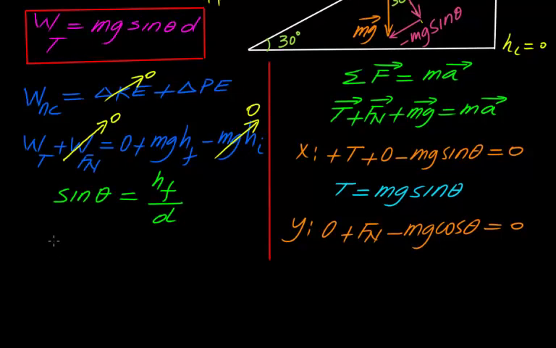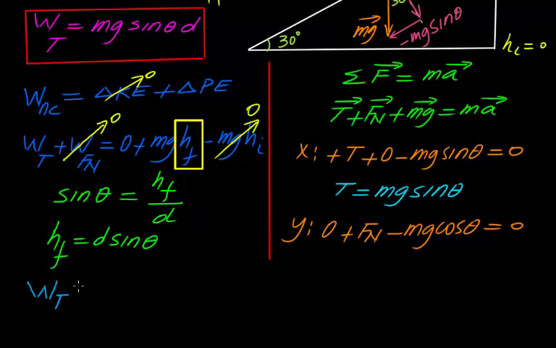Isolating the h final, you obtain d sine theta. Substituting the h final in our work done by the tension expression, we obtain mg, and instead of the h final, we have d sine theta.